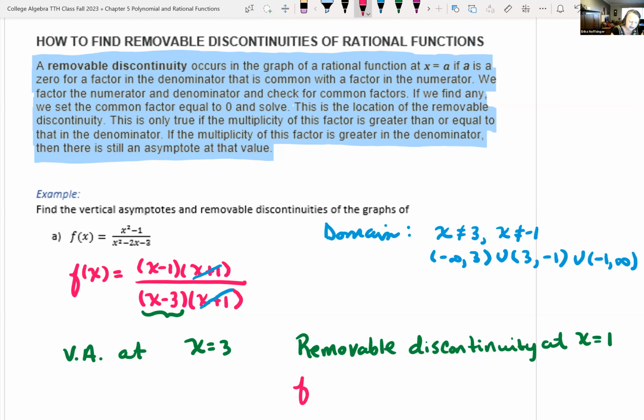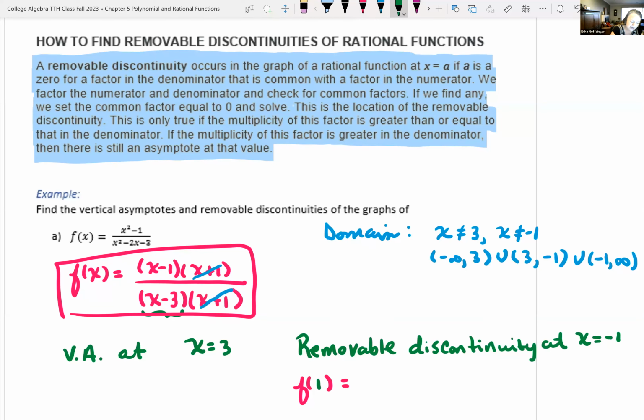I'm sorry, it was negative 1 that was removable. x equals negative 1 was what set the denominator equal to 0.